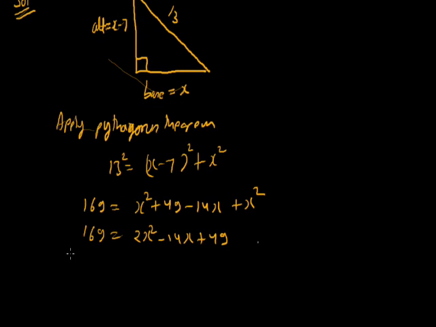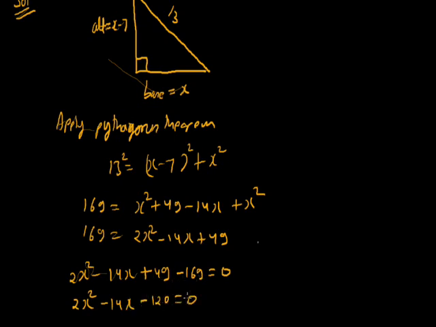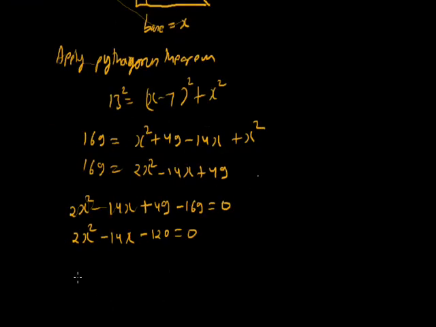Now after rearranging we are getting 2x square minus 14x plus 49 minus 169 equals 0. So 2x square minus 14x, now 49 minus 169 we are getting minus 120 equals 0. Now divide the whole equation by 2. I am getting x square minus 7x minus 60 equals 0.